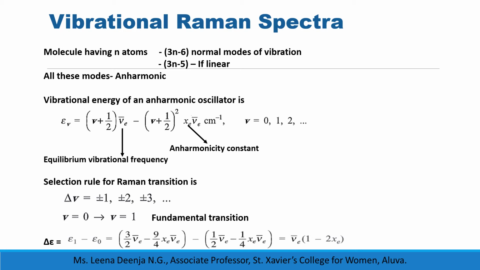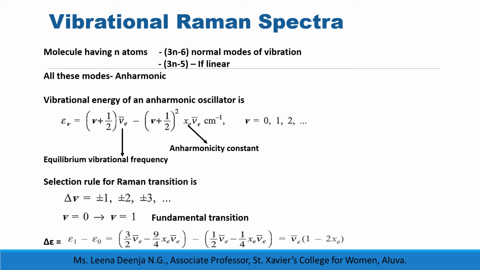The selection rule for Raman transition is given by delta V equal to plus or minus 1, plus or minus 2, plus or minus 3, etc. The V equal to 0 to V equal to 1 transition is known as the fundamental transition. The energy change during this fundamental vibrational transition is epsilon 1 minus epsilon 0.